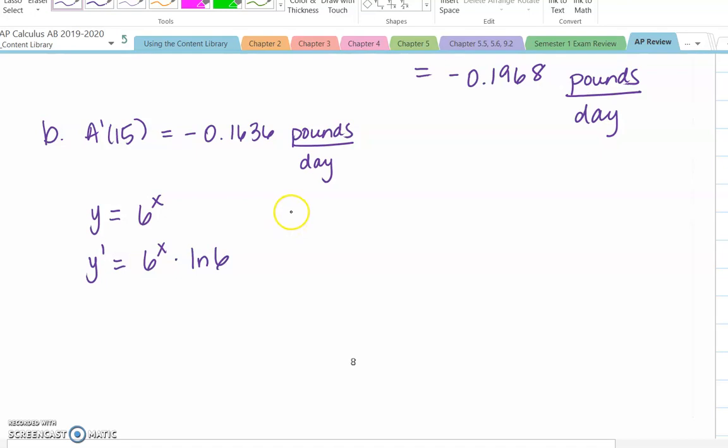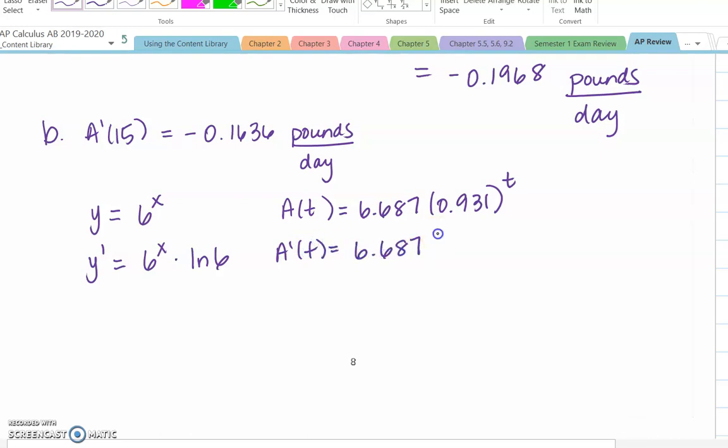So in this problem, because A of t is this, A prime will have the coefficient times the exponential part multiplied by the natural log of the base. And if you plug t into this function, you'll also get the negative 0.1636 pounds per day.